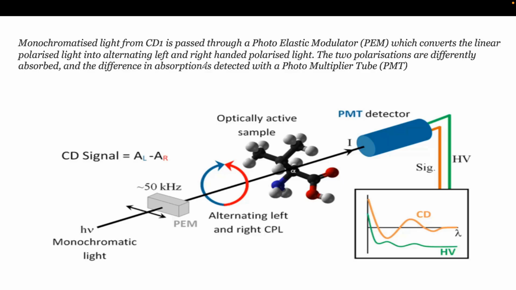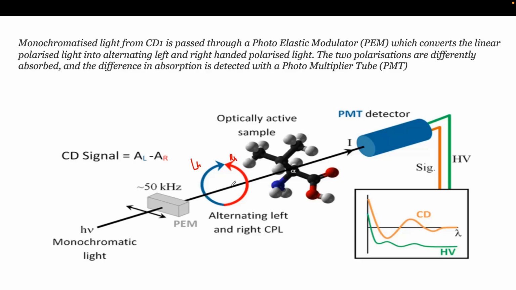The two polarizations are differentially absorbed, and the difference in absorption is detected with a photomultiplier tube. Suppose this monochromatic light passes through the photoelastic modulator; it gives 50% left handed polarized light and 50% right handed polarized light.